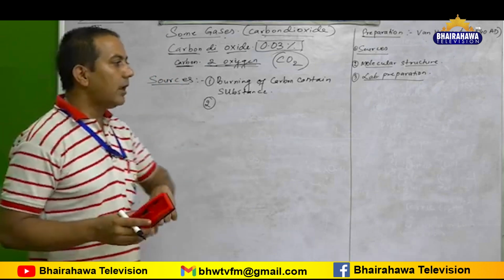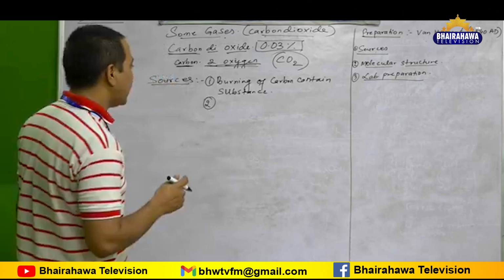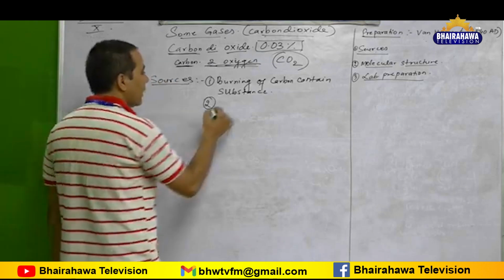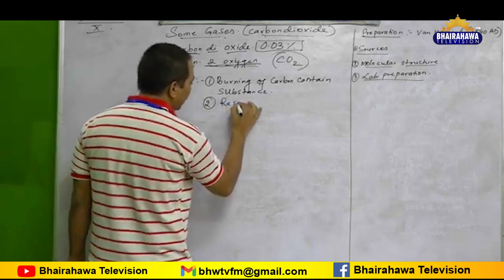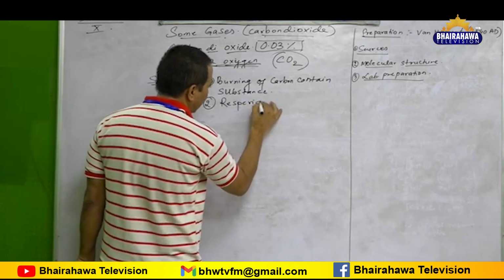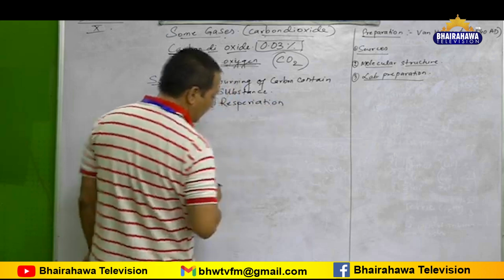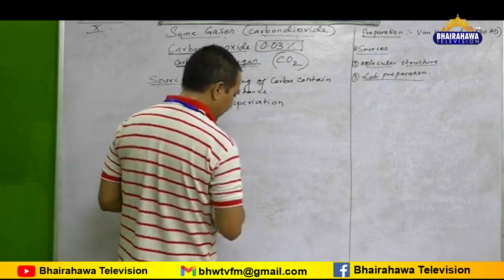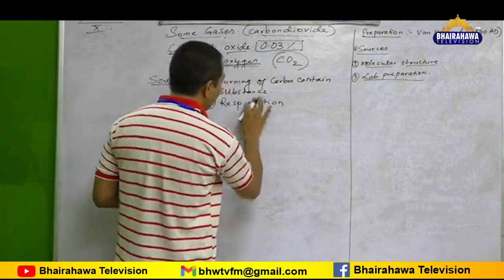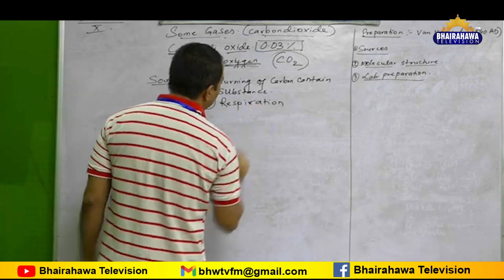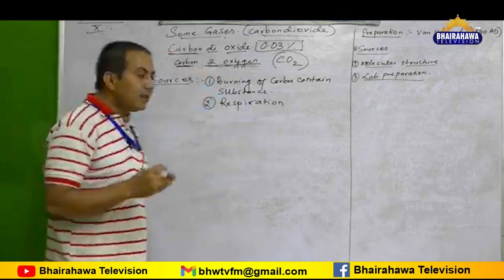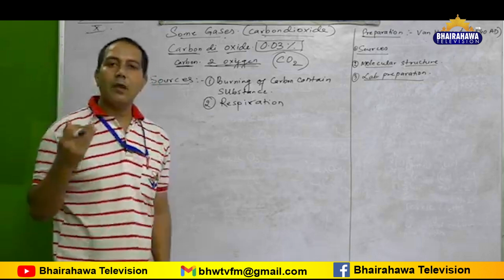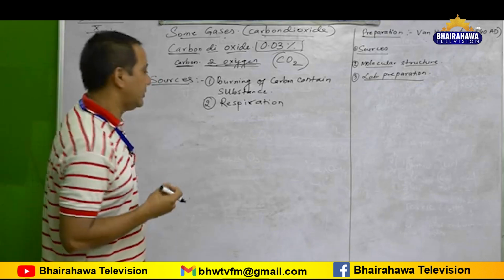We take in oxygen and throw out carbon dioxide, and that process is called respiration. So another source of carbon dioxide is respiration.